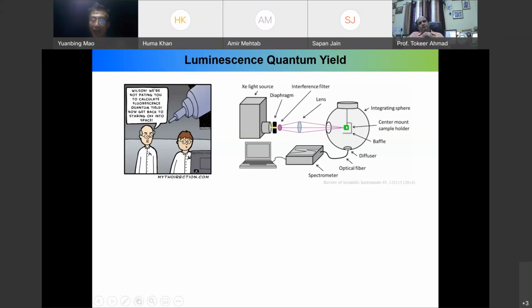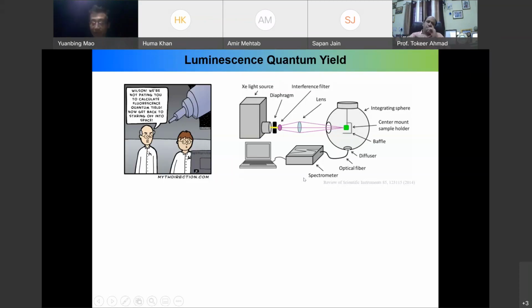The light hits the sample, and it will luminesce. Because of this integrating sphere, the light is all reflected, and eventually at this part we have a diffuser, and we can take the signal here, and again we use a spectrometer and get the data.